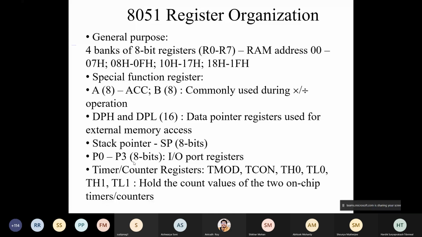Then a stack pointer. So SP is a stack pointer. Stack pointer is another special function register, which again points to some area in the RAM space, or in the standard RAM area inside the microcontroller, where you store certain recovery data. It's like system restore. We have some options for system restore in Windows and other operating systems. So what does system restore mean?